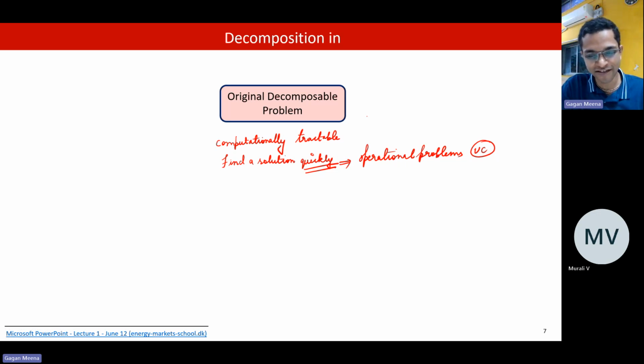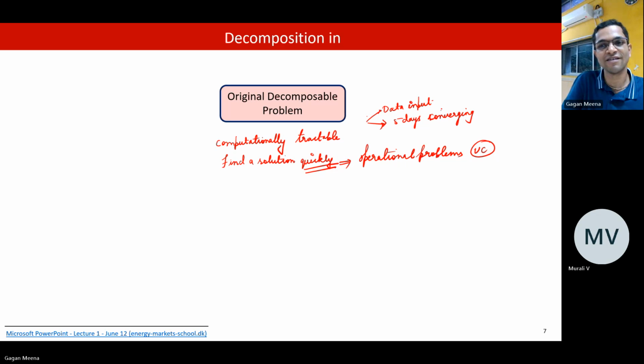If we then found there was some mistake, and results were not as expected, it can be due to several reasons. It can be due to a problem with the input data. It might even happen that after 5 days it is not converging, so it becomes intractable.